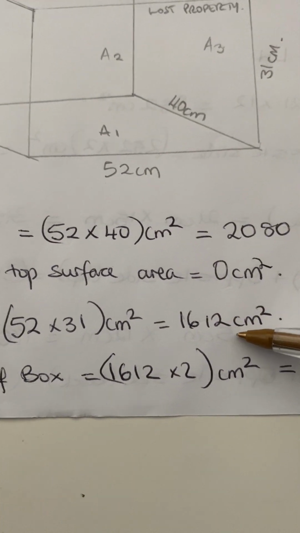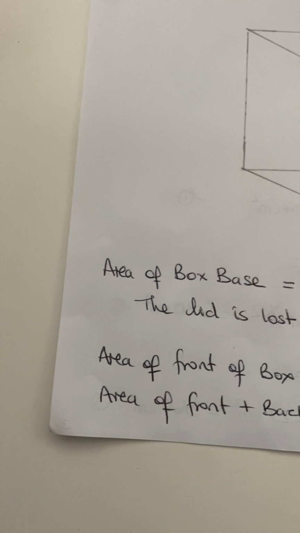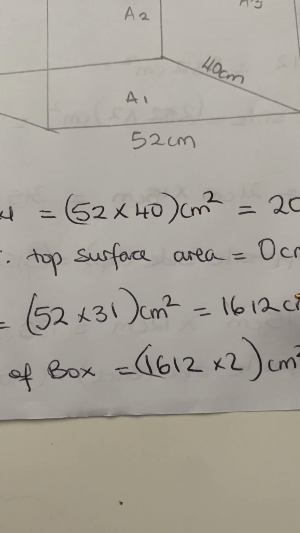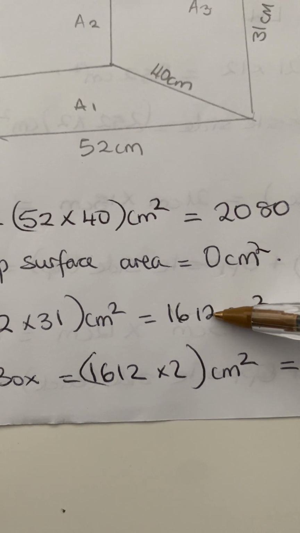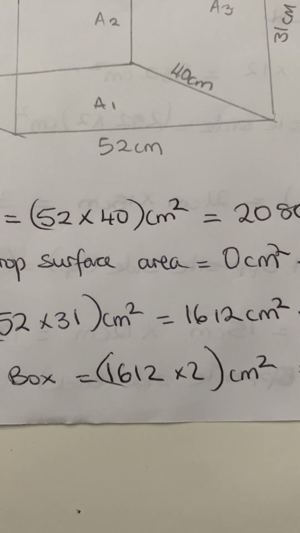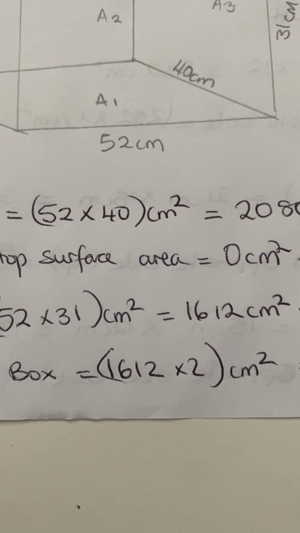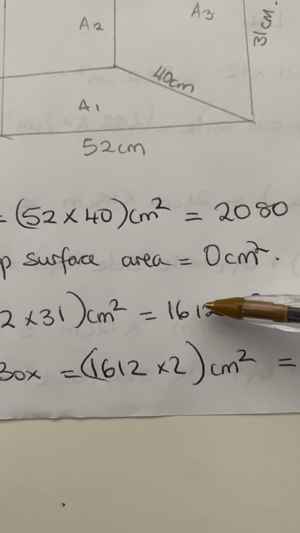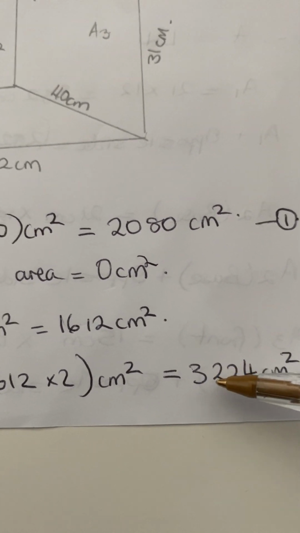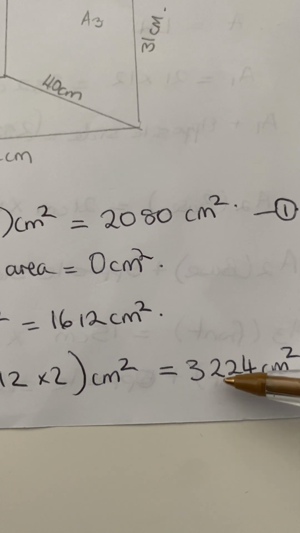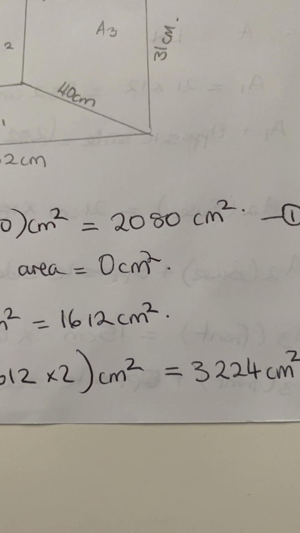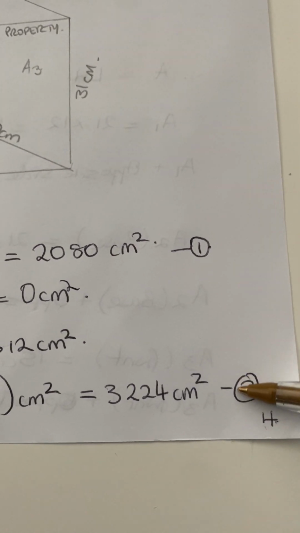So if you want the area of the front and the back, you need to multiply by 2 or add another of this, because the area of the front and the back will be the same. So if you multiply 1612 by 2, you get 3224 centimeters squared. So I labeled that too.